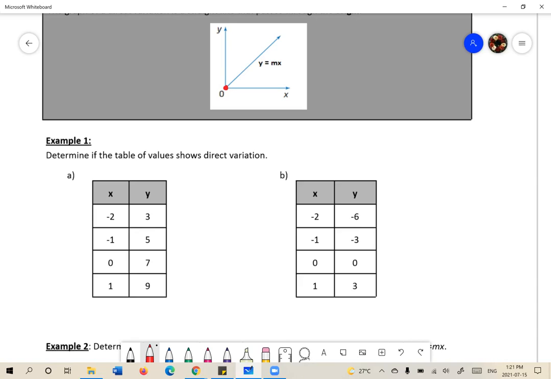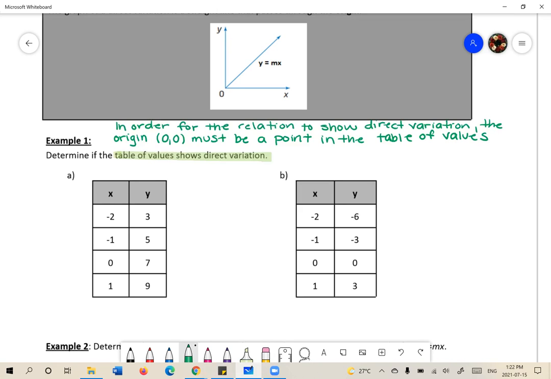So knowing that the linear relation must pass through the origin 0, 0, we should have the point 0, 0 in the table of values for that relation to be considered direct. Let's focus on example A. So we're looking for point 0, 0.